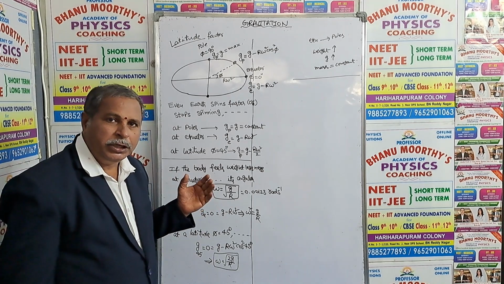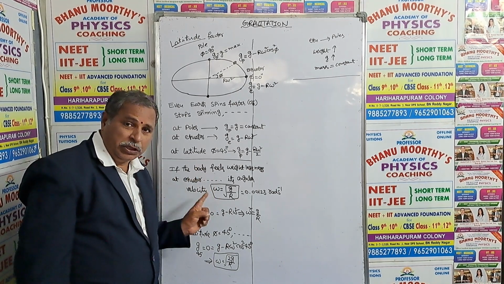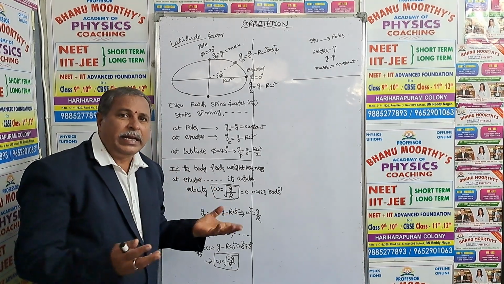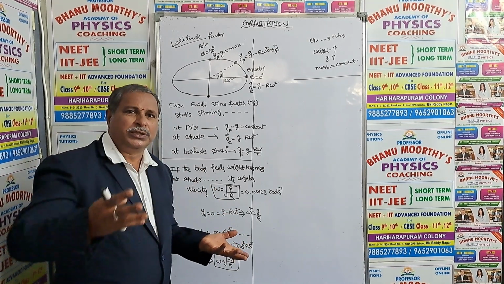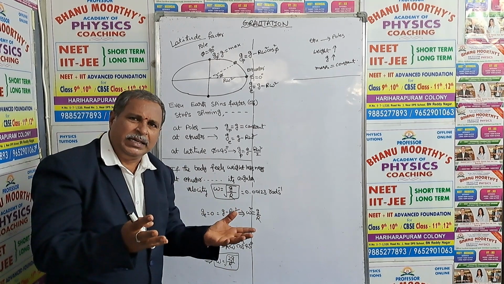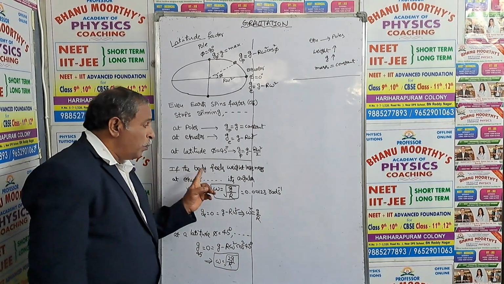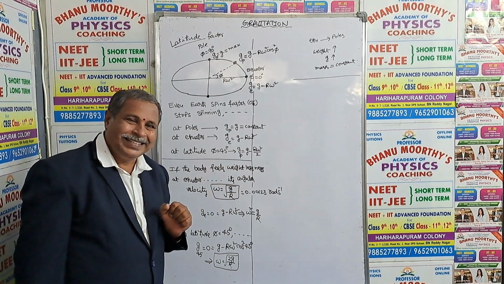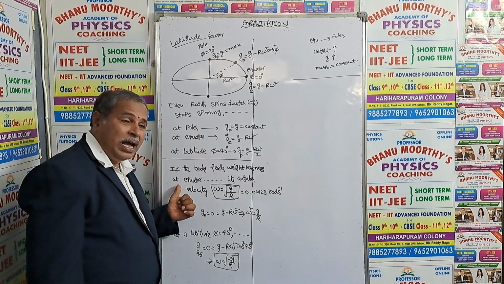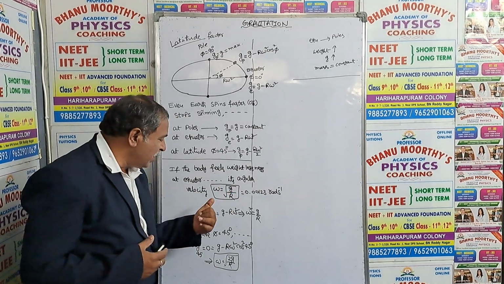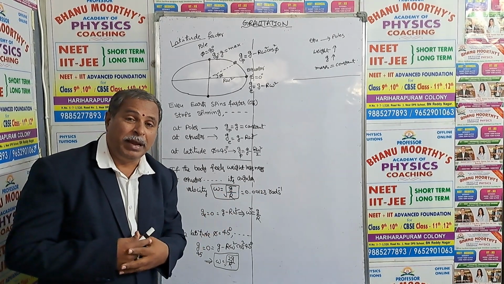Now, my dear students, let us go to this concept quickly. If the body feels weightlessness, that is, as the body rotates on the surface, suppose all of a sudden its weight becomes 0, that is the meaning. So if the body feels weightlessness at the equator, angular velocity becomes under root g by r.